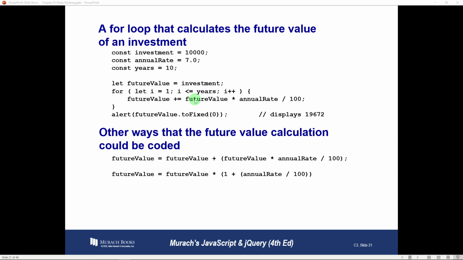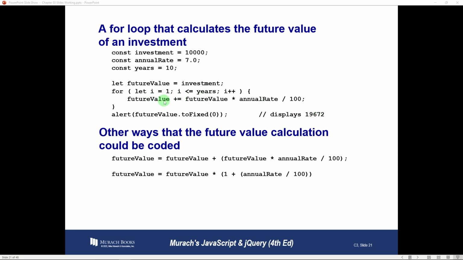And each time we're going to take the future value times the annual rate, divided by 100. So 7 should be a percent, so we have to divide it by 100. We're going to add that onto the future value, and we're going to do that 10 times. And we'll find out that 7% for 10 years, $10,000 would yield $19,672.